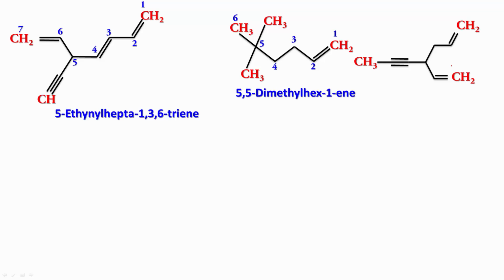The second point is maximum number of carbon atoms. So we're going to select this one. Numbering from the right side so that we get the lowest number. Now which one is this substituent? It's vinyl, ethynyl. So it's 4-vinylhept-1-en-5-yne.